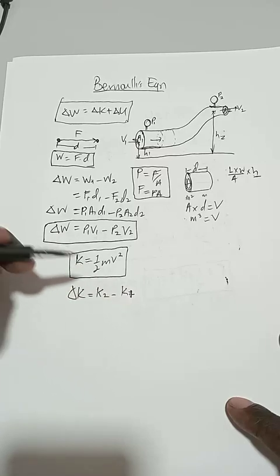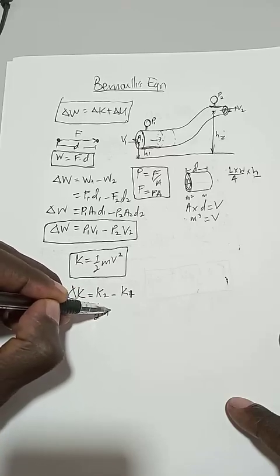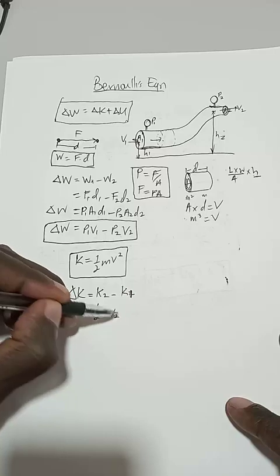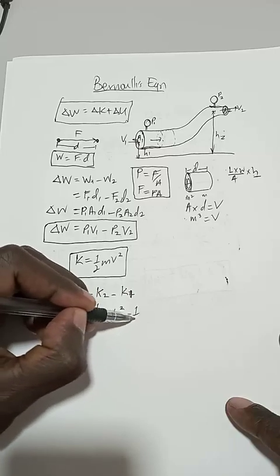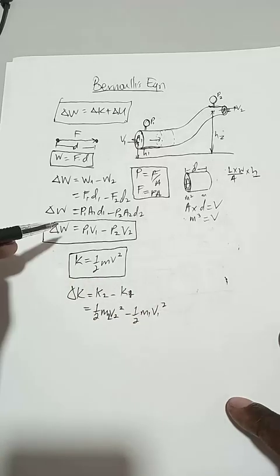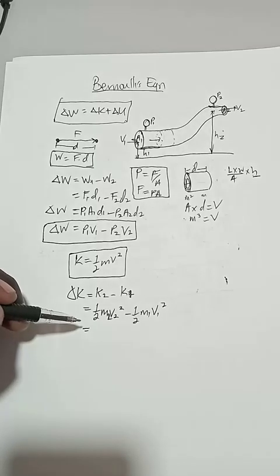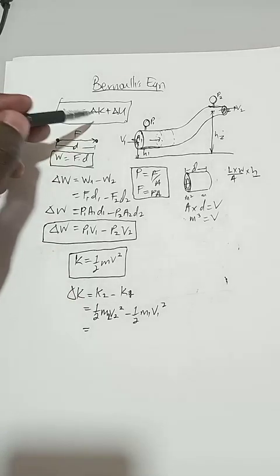So it becomes half m v2 squared minus half m v1 squared. So this is the form of the kinetic energy for this part here.